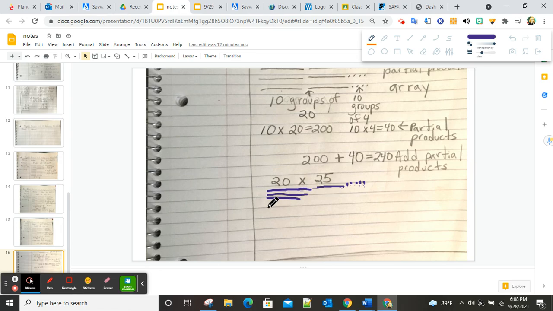I'm going to do it 2 rows of 10, and then keep drawing the 25 model until I have 20.